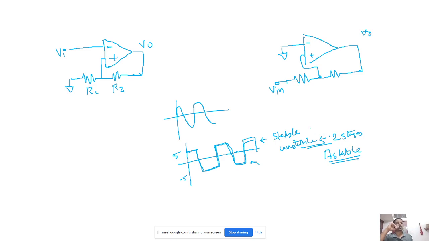And if I create one circuit which has one stable state and one unstable state, that is, I give some input to it, and due to that input it suddenly changes from its stable condition to the unstable condition, and after a time it goes back to its stable state.